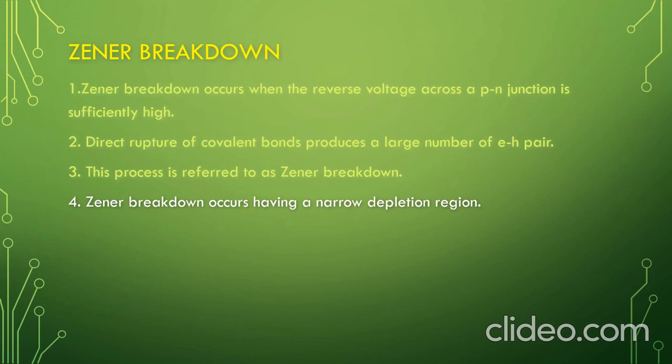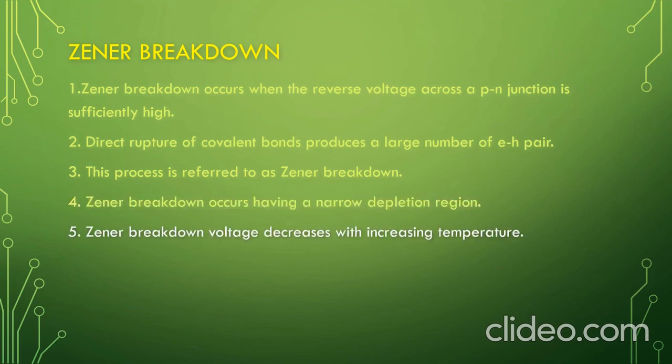So the Zener breakdown voltage decreases with increasing temperature, and it is less than 6 volt. That is, the temperature coefficient of the Zener breakdown voltage is negative. So these are the 6 important points of Zener breakdown. I hope you understand these two mechanisms.